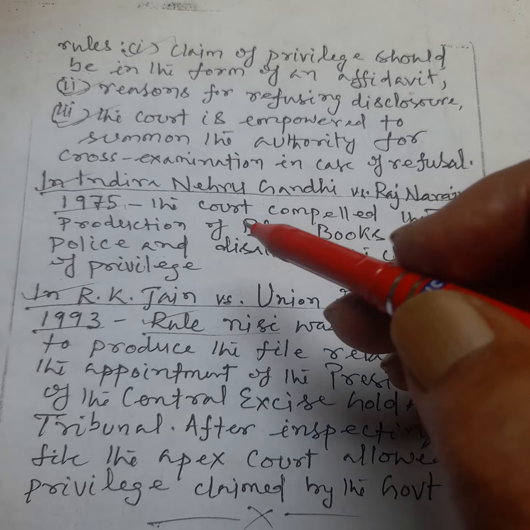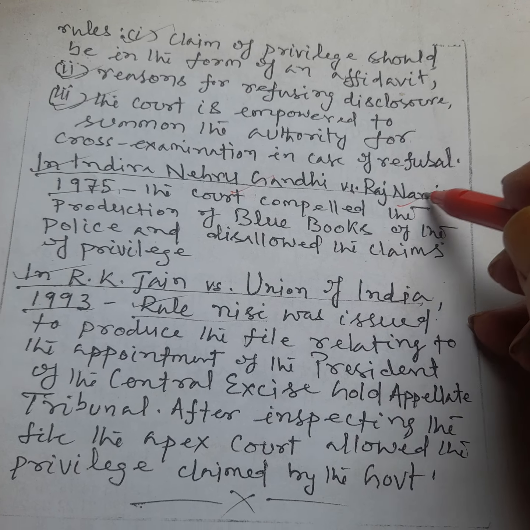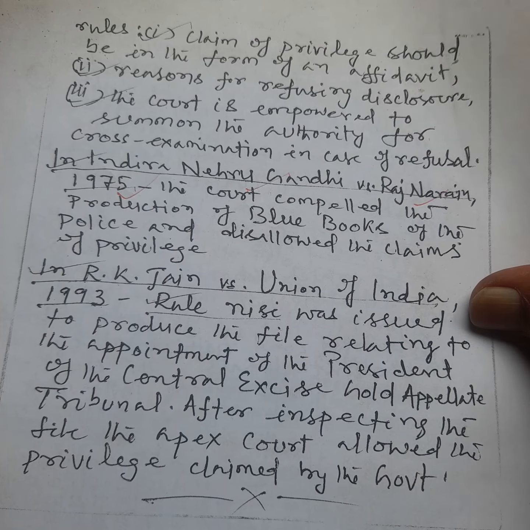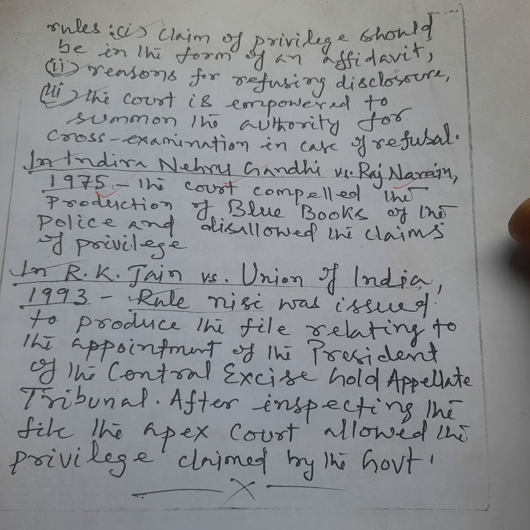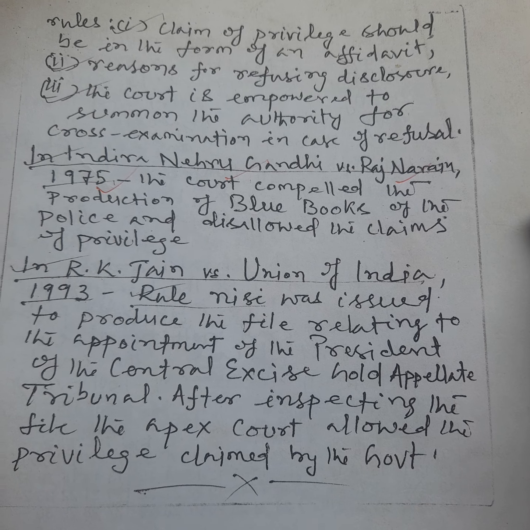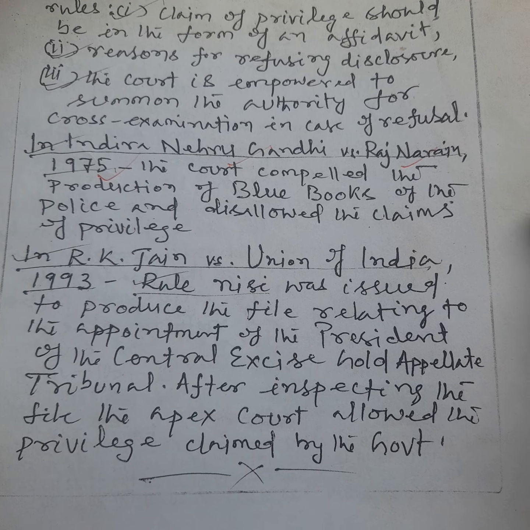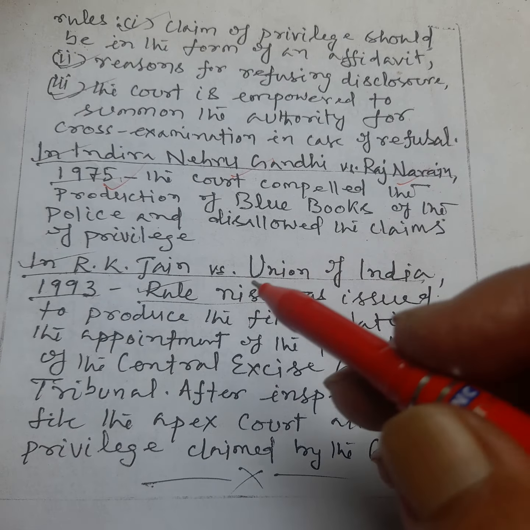So, in the leading case, Indira Nehru Gandhi versus Raj Narain in 1975, the Supreme Court compelled the production of blue books of the police and disallowed the claims of privilege by the police officials.